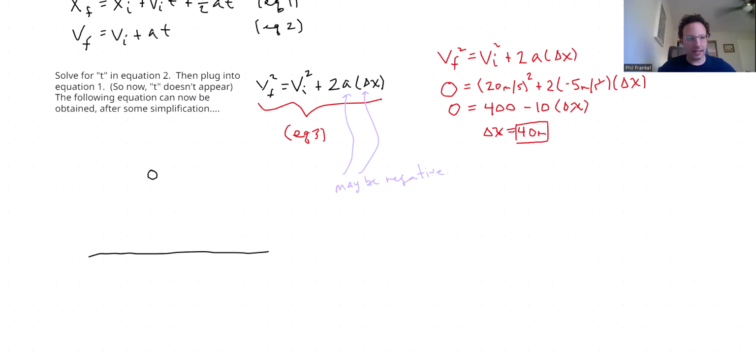Suppose this object is 11.5 meters above the ground, and initially the object is at rest, and then that object falls down and strikes the ground and has some final velocity, and we wish to find that final velocity. I don't care how much time it takes for this object to fall down to the ground. I just know that it falls 11.5 meters down, and I want to know what its final velocity is.